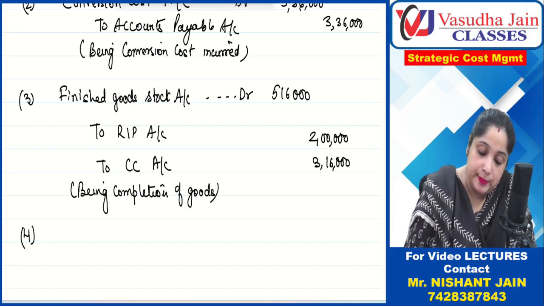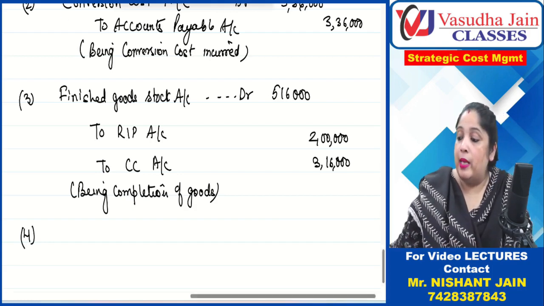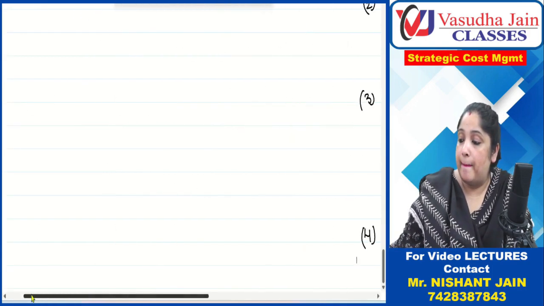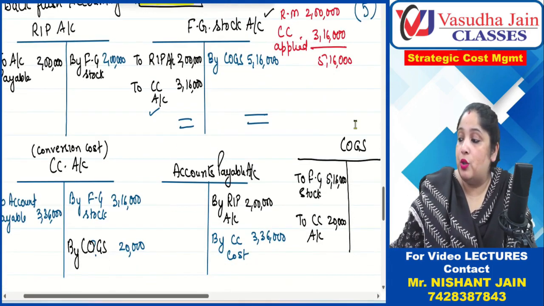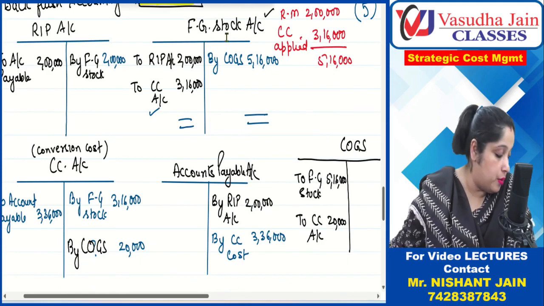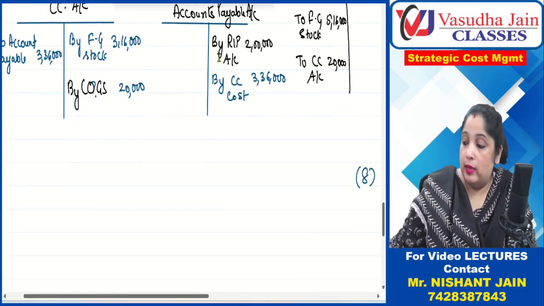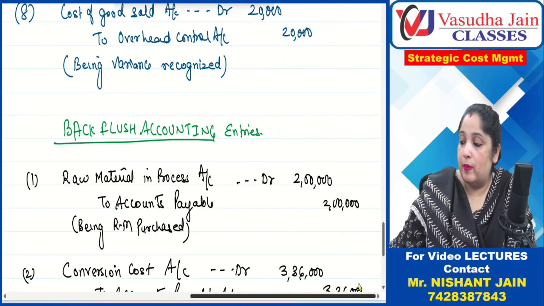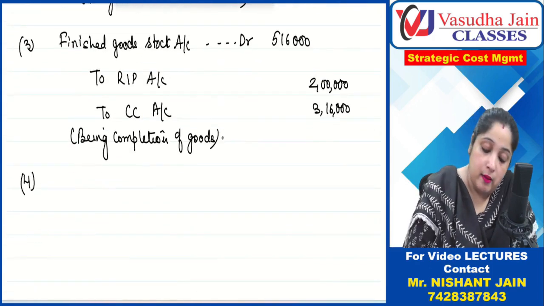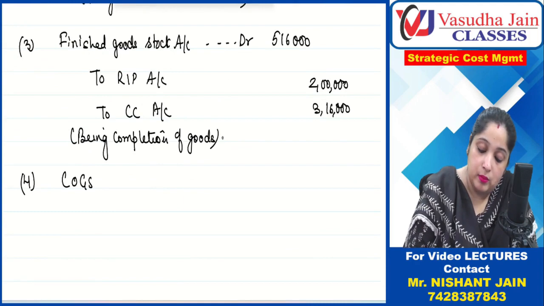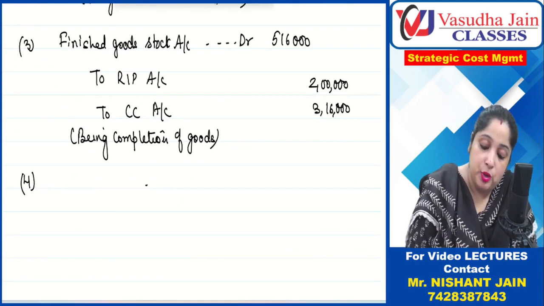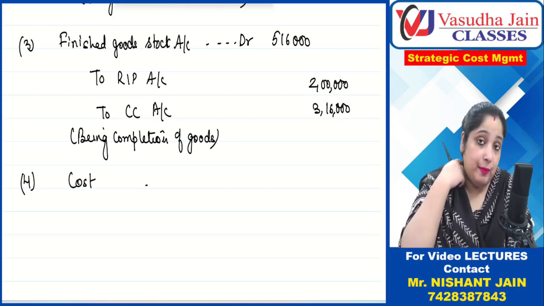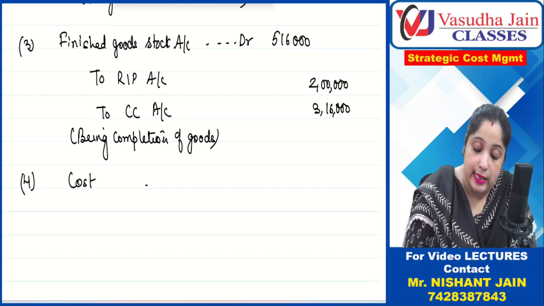Then fourth is, after making the finished goods, you are transferring the finished goods to cost of goods sold account. So cost of goods sold account debited to finished goods stock account, right? And let us write the same. Cost of goods sold account, you can write completely also. When you are supposed to just pass the entries, the time taken by the question will be very less.